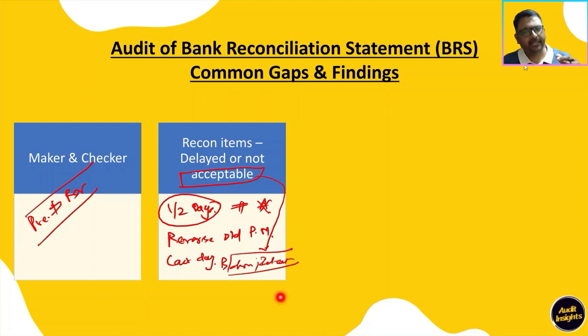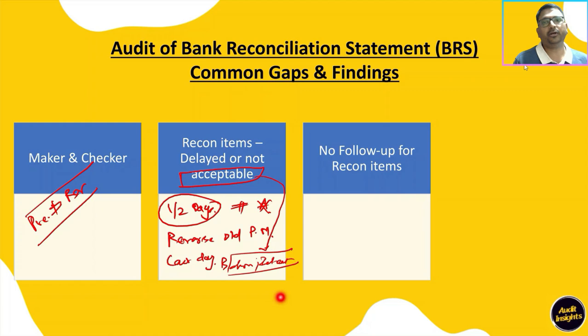There could be some timing difference, so be conscious of that, but generally it's not accepted. These days there are a lot of RTGS and immediate payments, so items like cheque deposited but not credited are not very relevant in today's context, but it is possible that they are there, and those need to be reviewed for timing and acceptability.